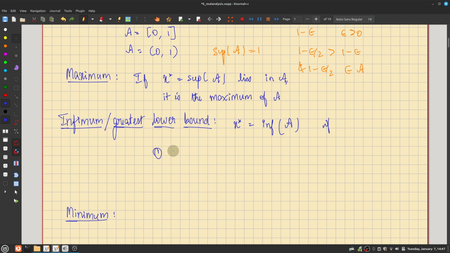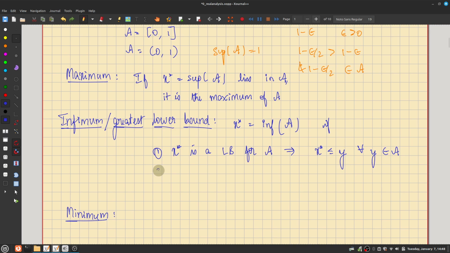Yes, so x star is a lower bound for A, which simply means that x star is less than or equal to y for all y in A. And what is the second property that it has to satisfy? It should be the highest.